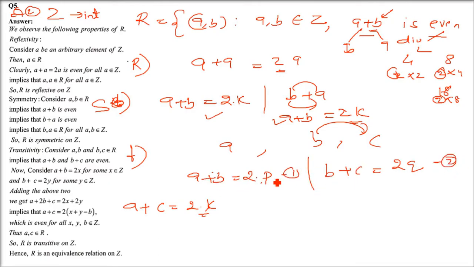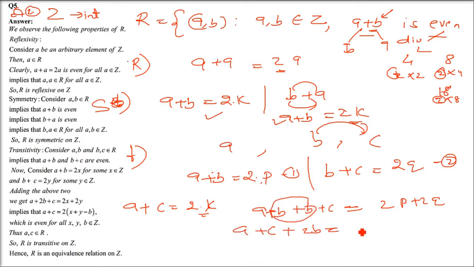So I'm adding it: a plus b, and from here I get b plus c. And then this is 2p plus 2q. So 2p plus 2q I can write. Now if you see here, we get a plus c plus 2b. Since we have 2b and we don't need 2b, we can just transfer it here. We need a plus c, so it is 2p plus 2q minus 2b.